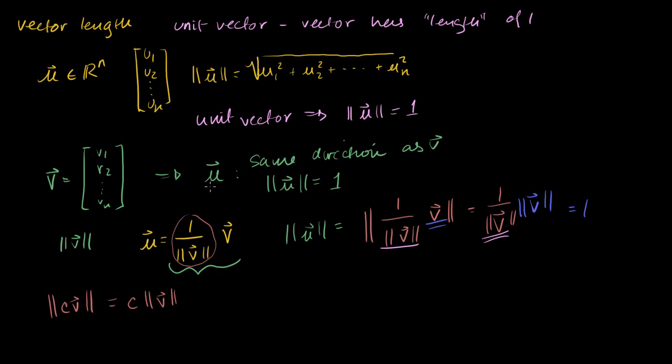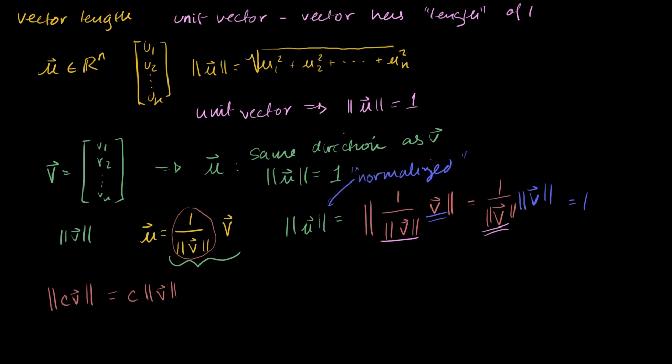If you want to find a unit vector, or sometimes it's called a normalized vector, that goes in the same direction as some vector v, you just figure out the length of v, using the definition of vector length in Rn. And then multiply 1 over that length times the vector v. And this is just a scalar. And then you get your vector u.